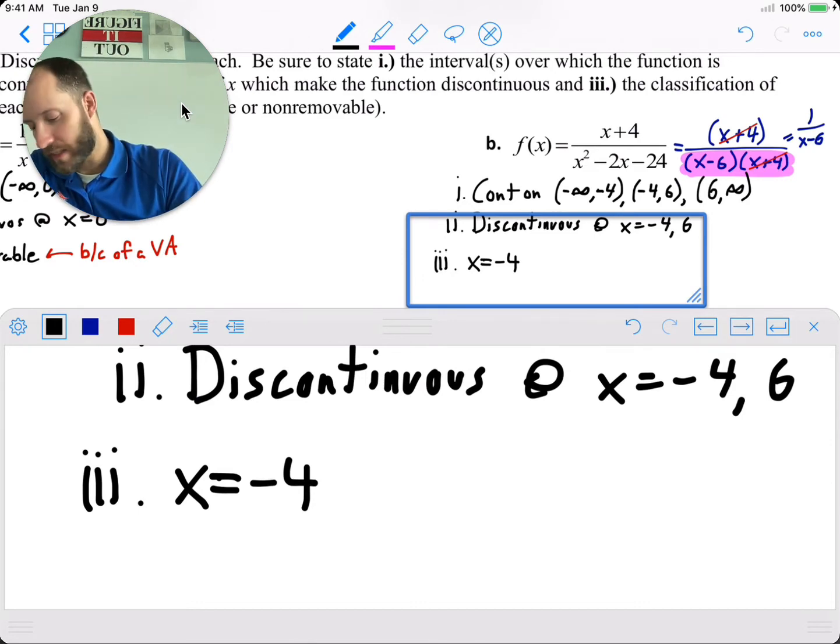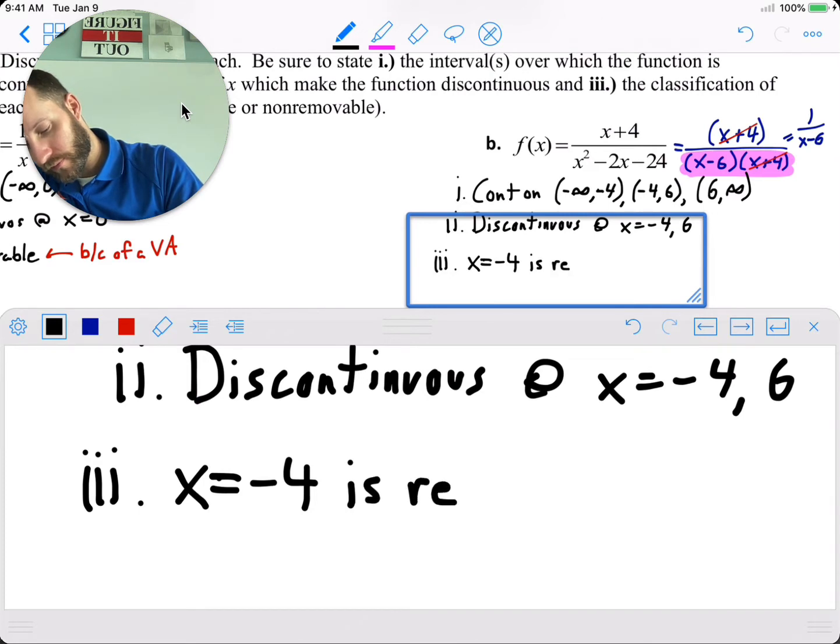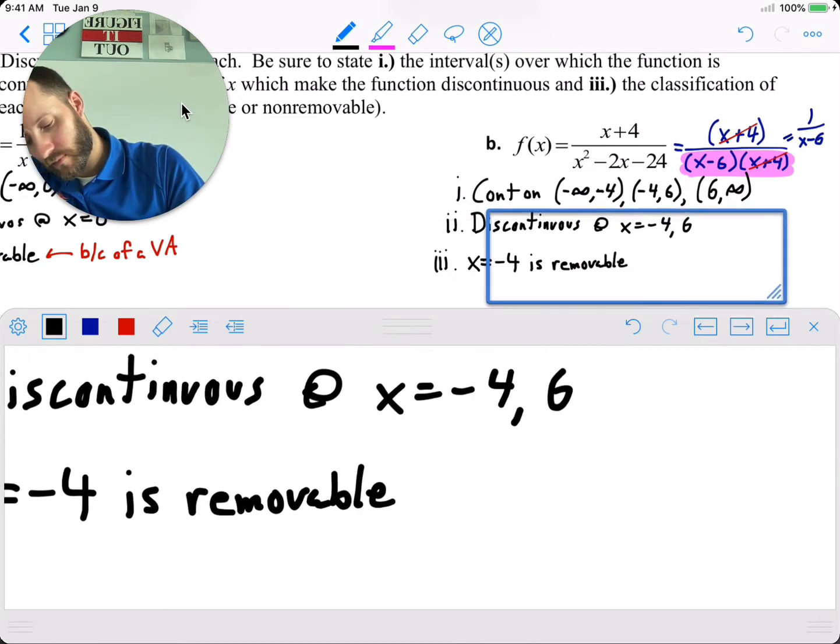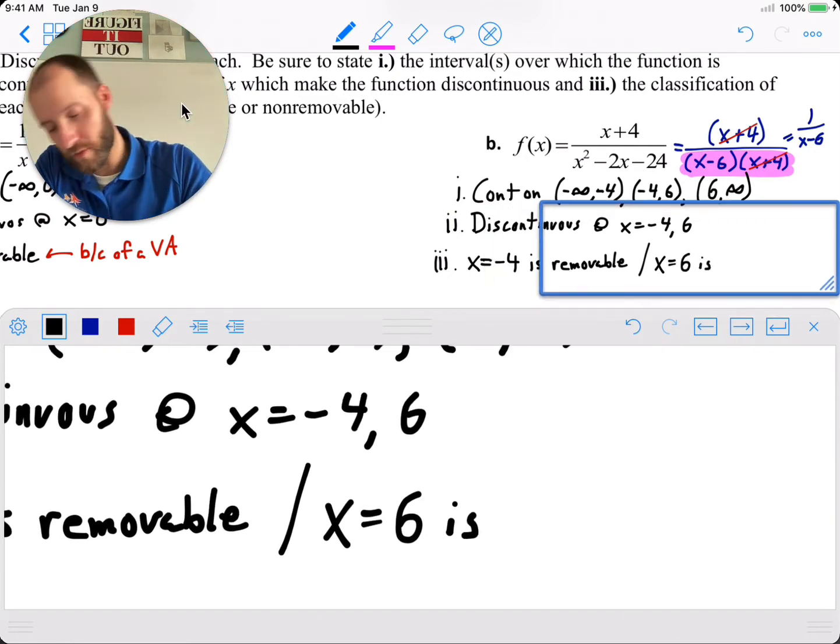So x equals -4 is removable. And x equals 6 is non-removable.